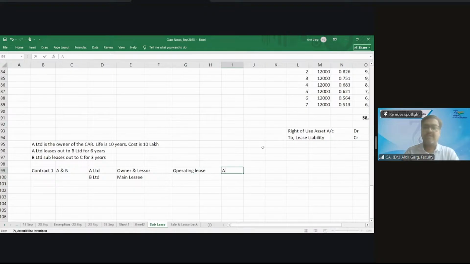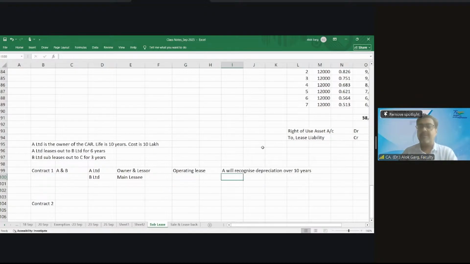So A will recognize depreciation over 10 years. Now contract number 2, and what will B do?